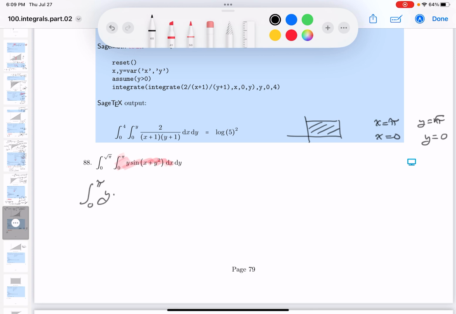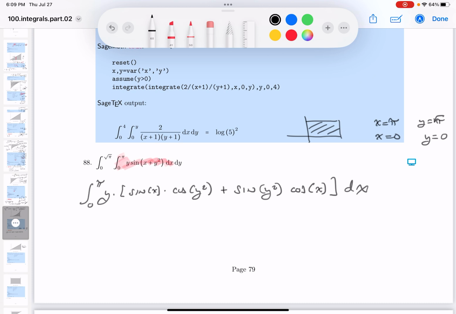So it's going to be y sine x times cosine y squared plus sine y squared cosine of x dx.